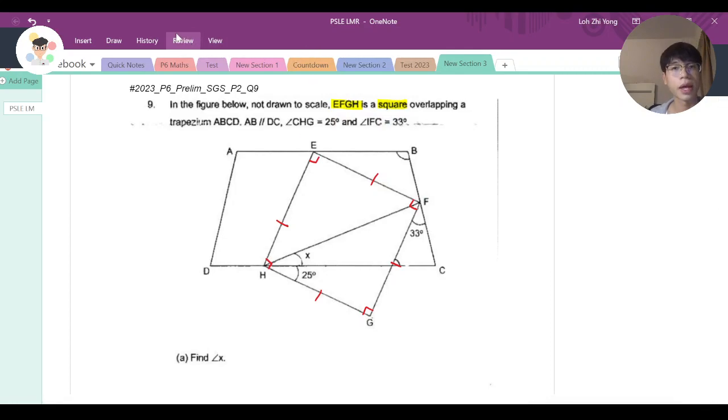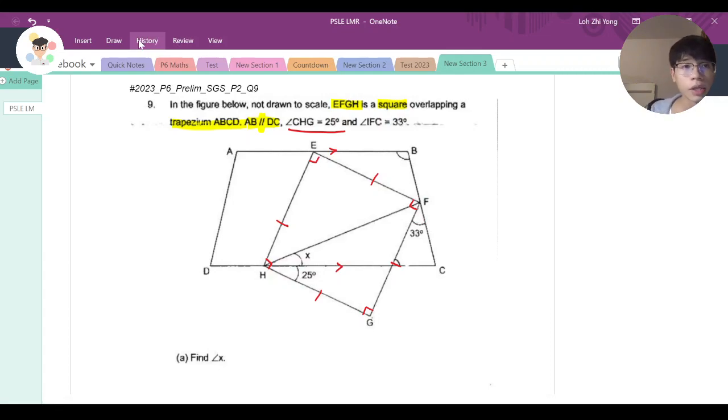Okay? And it's overlapping a trapezium ABCD, whereas AB is parallel to DC. Now, this sign means parallel. So you should just label parallel, parallel. CHG is 25 degree and IFC is 33 degree.